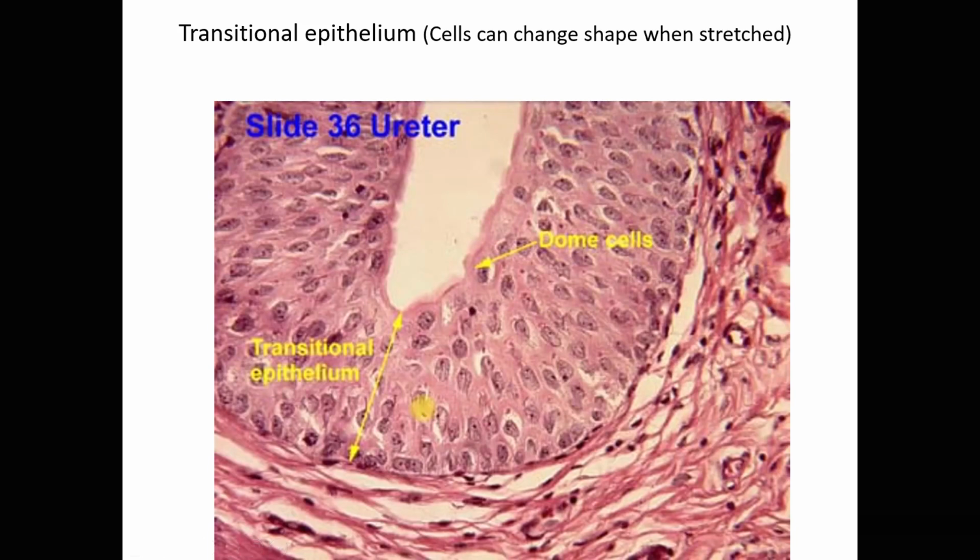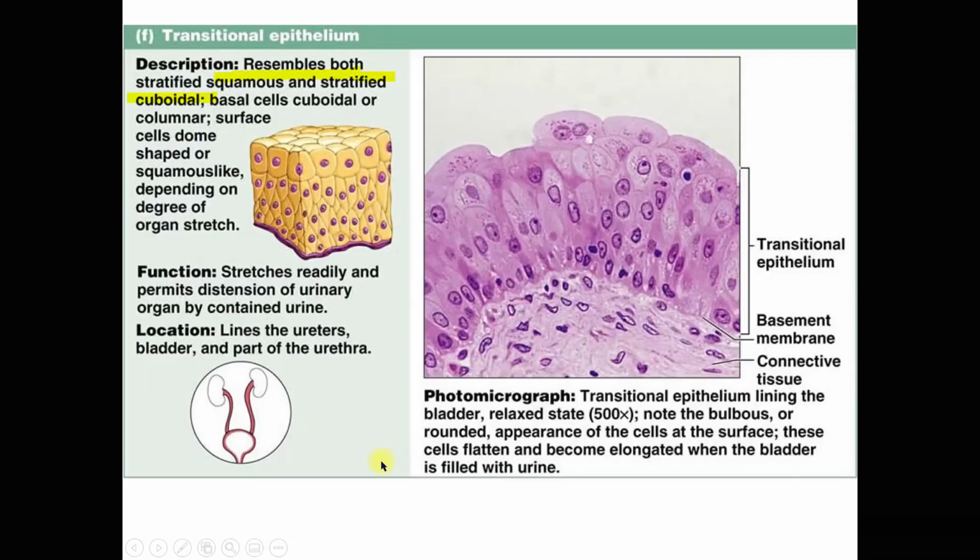Then we have the transitional epithelium. These are cells that can change shape when being stretched. Usually this transitional epithelium is found in the ureter, bladder, and part of the urethra. If you read here, this transitional epithelium resembles both the stratified squamous and stratified cuboidal epithelial cells.